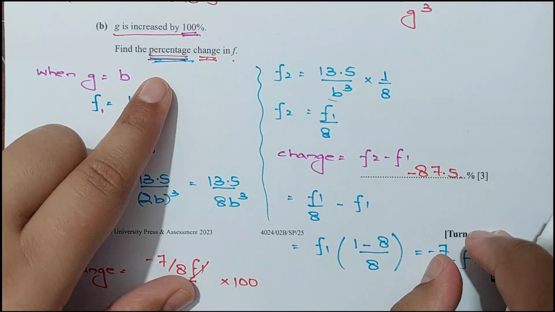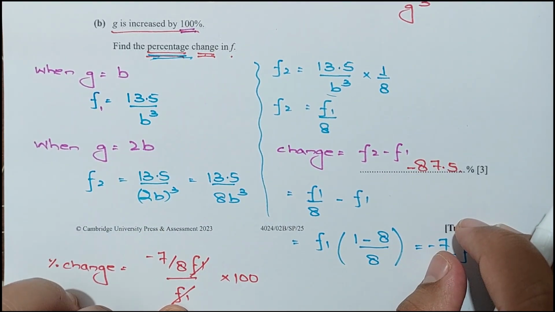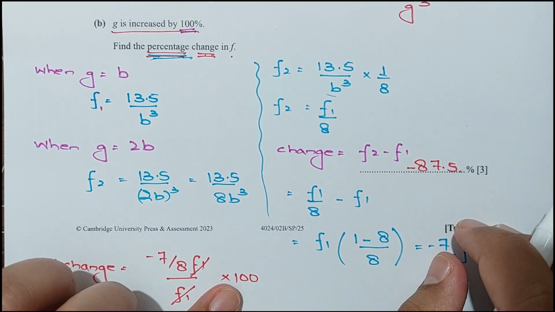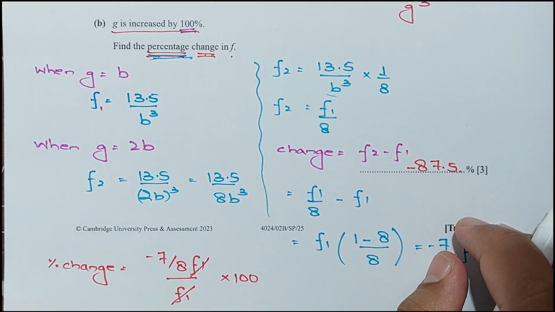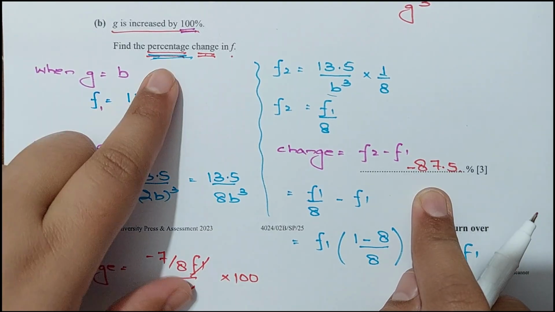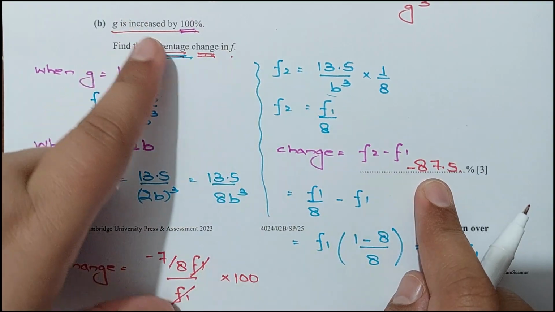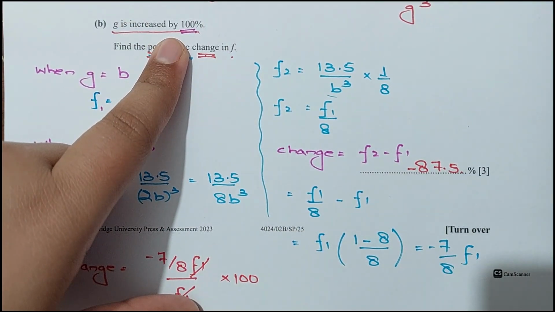For percentage change, we always find the change divided by the first one and multiply by 100. This is the formula for percentage increase and percentage decrease. So the change divided by the original one multiplied by 100. So the percentage change in the F value is a decrease of 87.5% when G increases 100%.